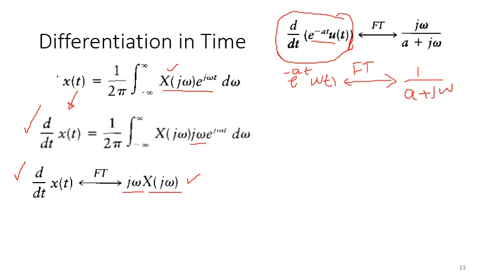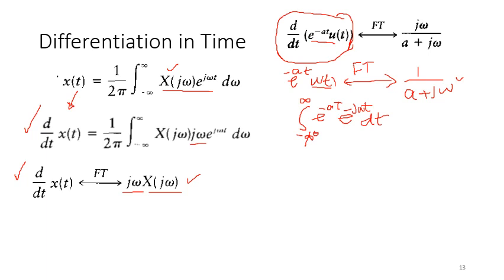This we have already done, and if you are confused, you can do it again by writing the integral from minus infinity to infinity of e power minus at multiplied by e power minus j omega t dt. Because we have u of t multiplied, we just integrate from 0 up to infinity, so you'll get this.